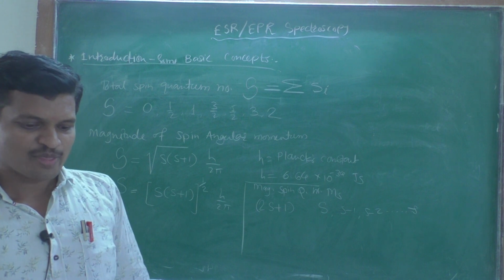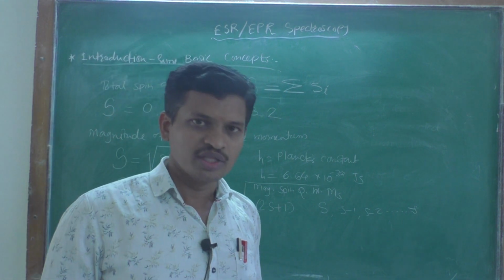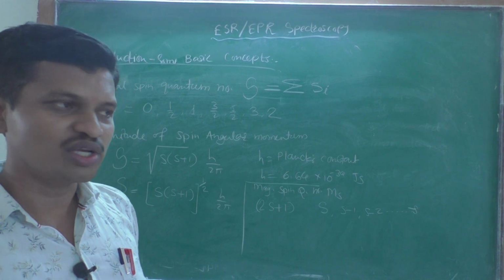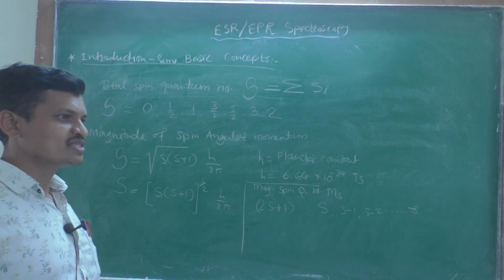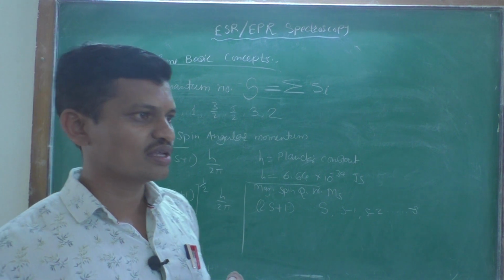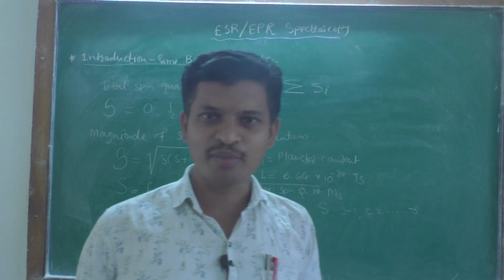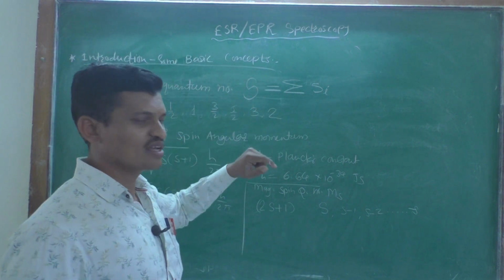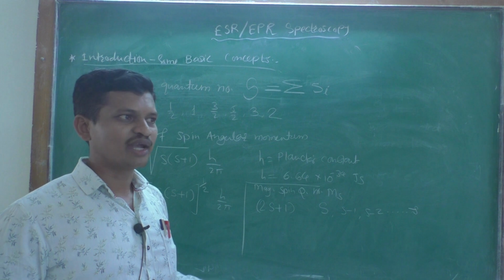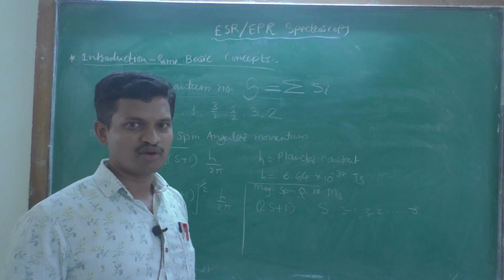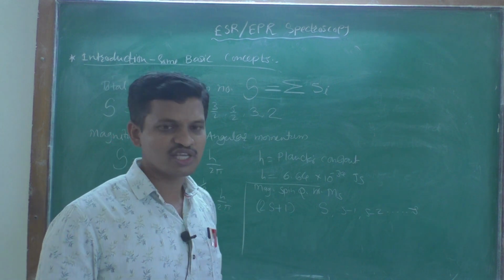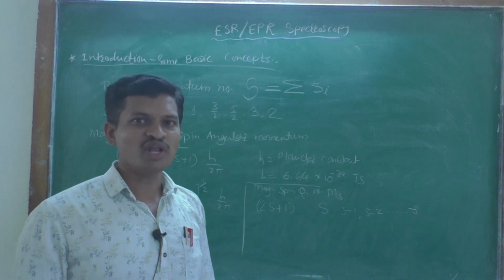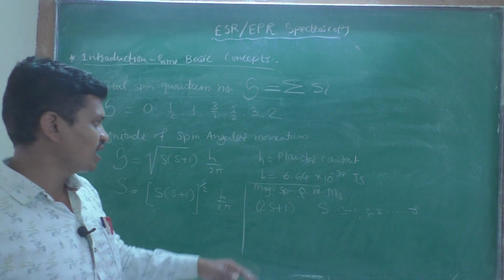Now we have to study what actually happens when we place chemical species having total spin s equal to 1/2 and total spin s equal to 1 in an external applied magnetic field.